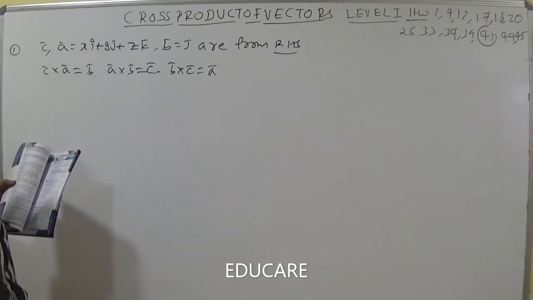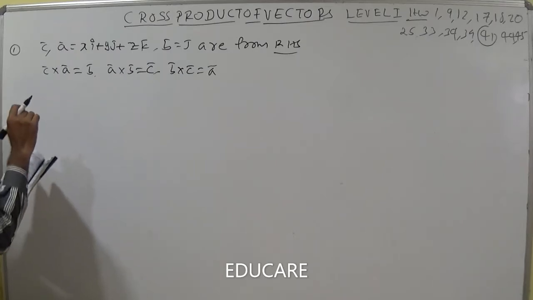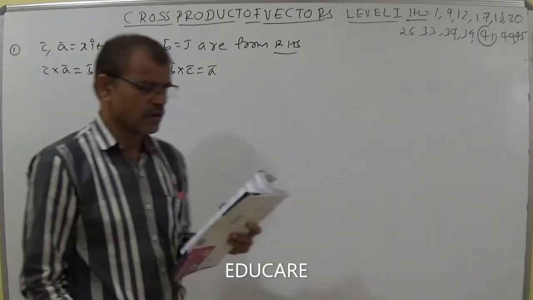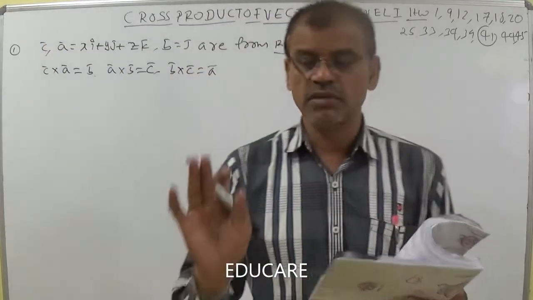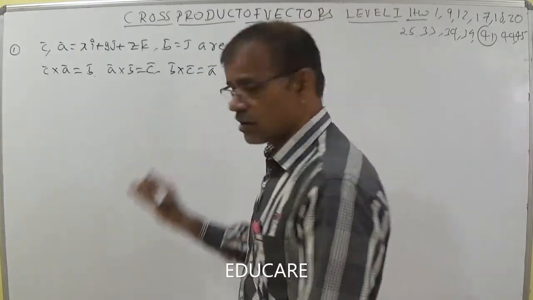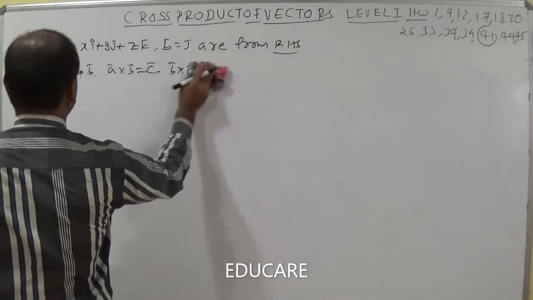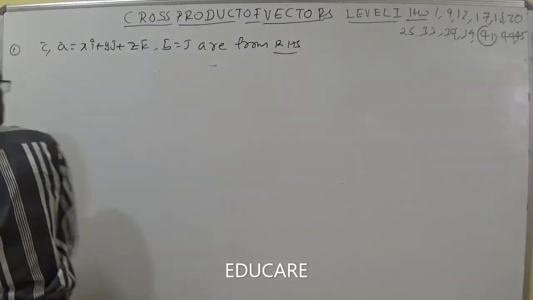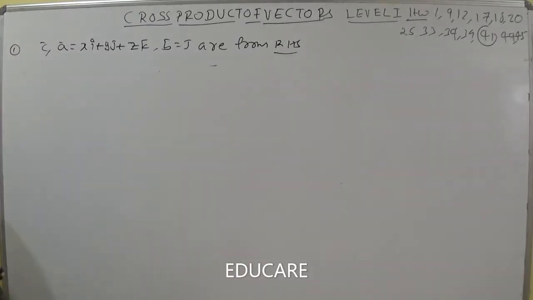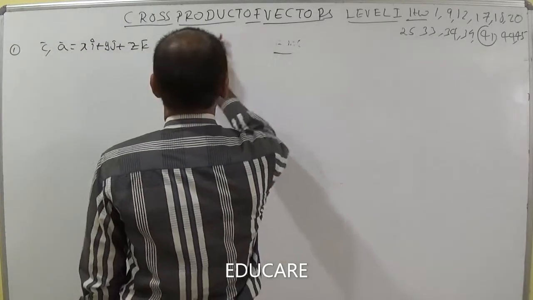He has given the condition that C, A, B are such that ACB forms RHS, so we should write it that way.